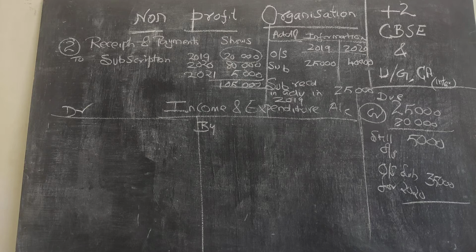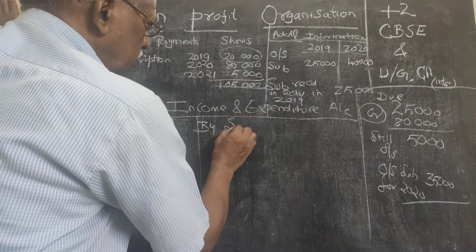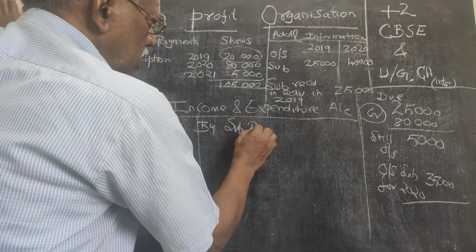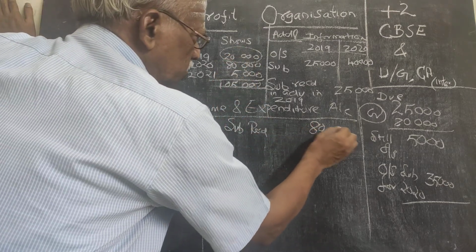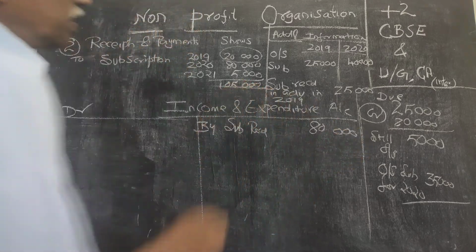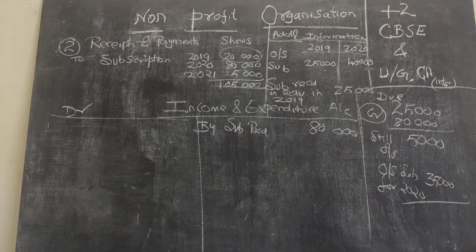Now I will go for the problem. Subscription received: we have received subscription for this year of 80,000. You need not go for this 1,05,000, because it's very clear that this is for this year. So take that 2020.